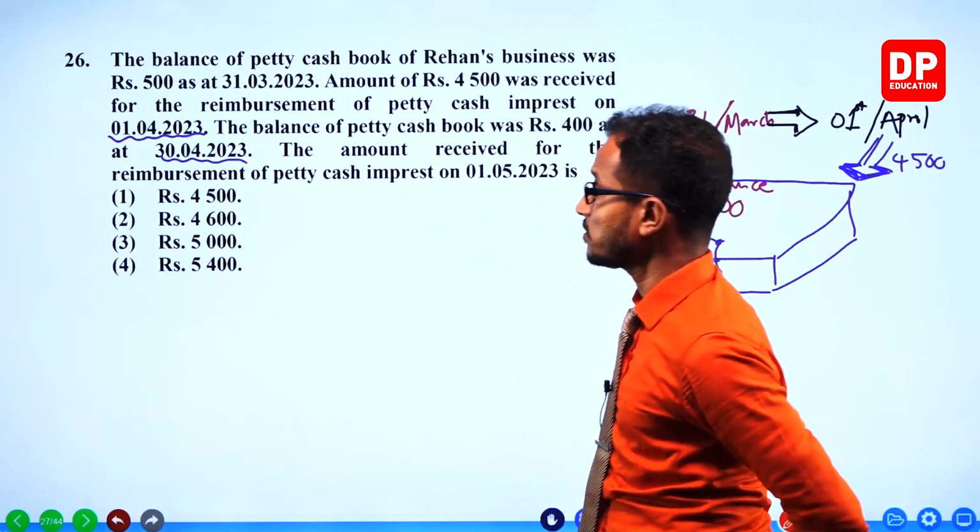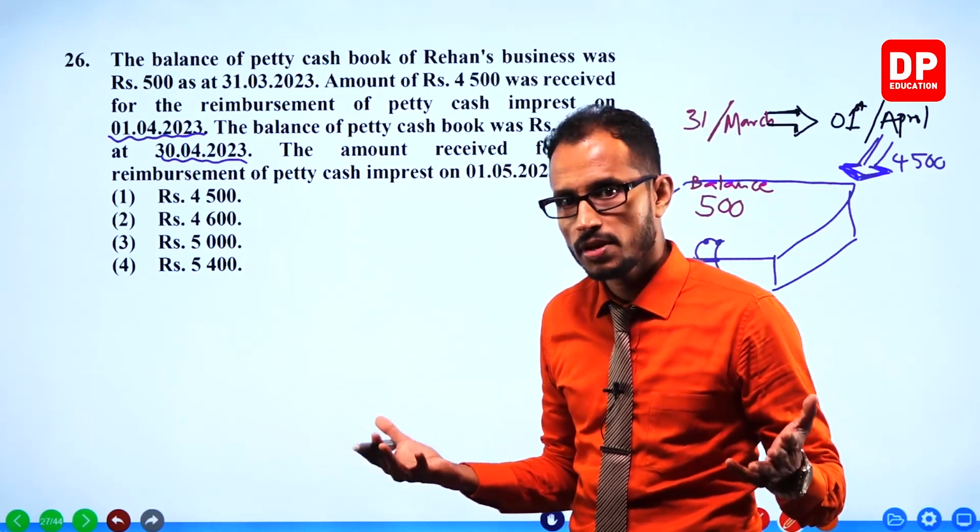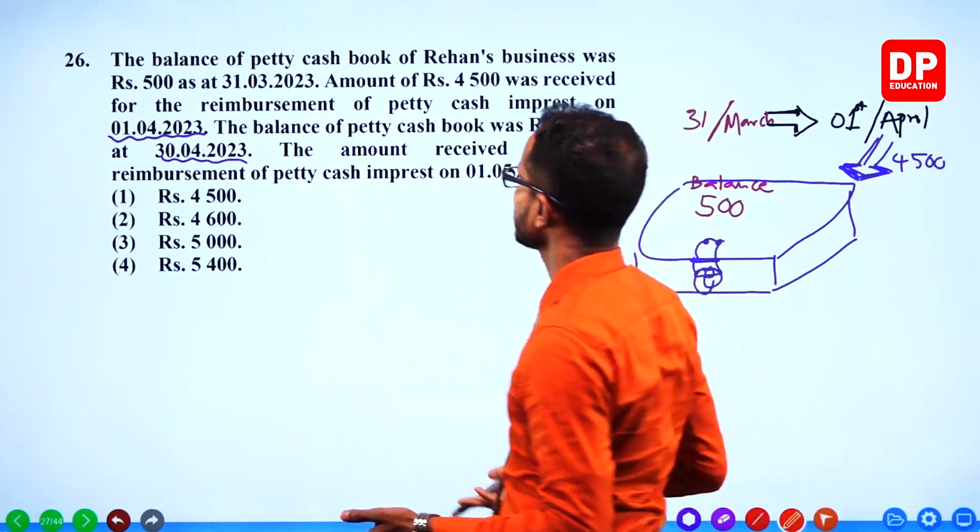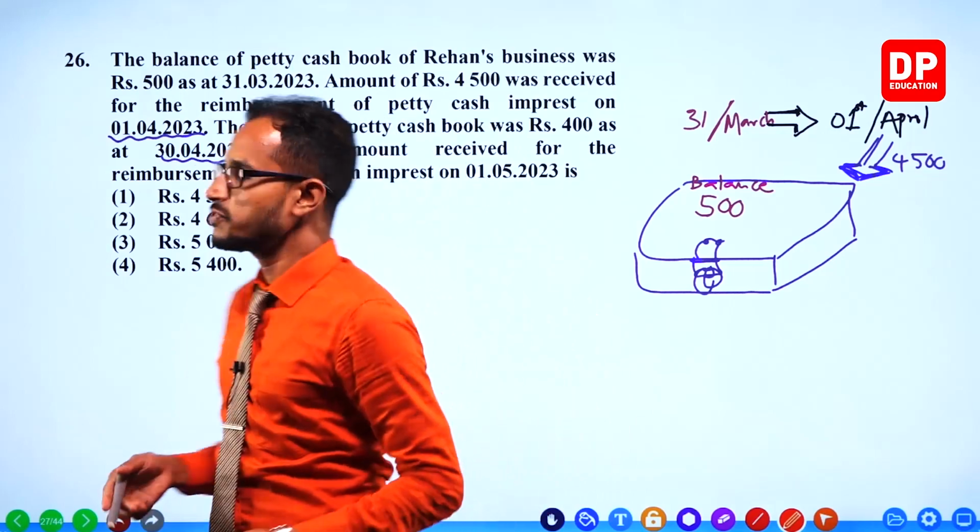Oh my god, 30th April. April month also ended now. And the petty cash book balance was 400.